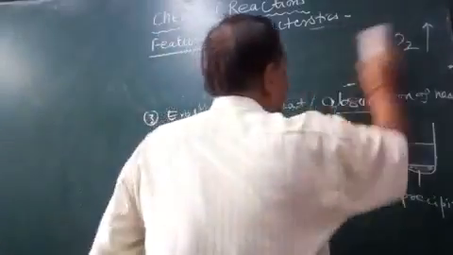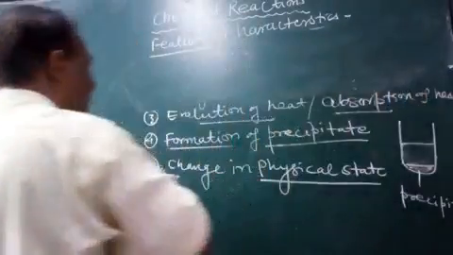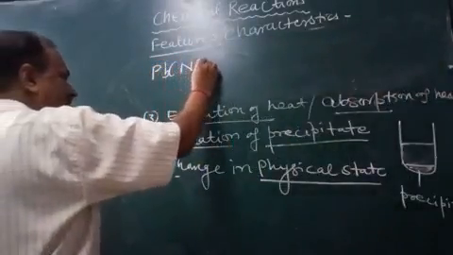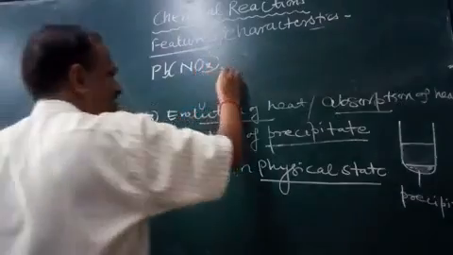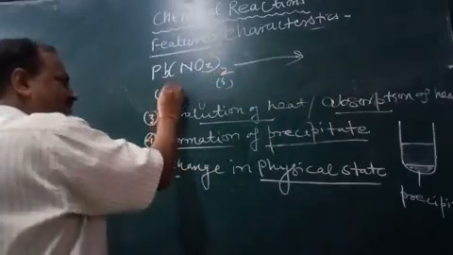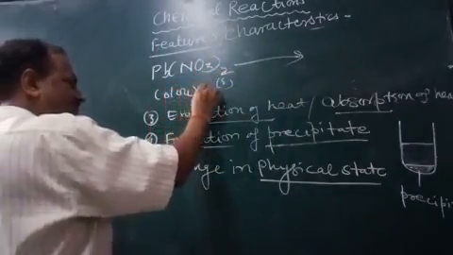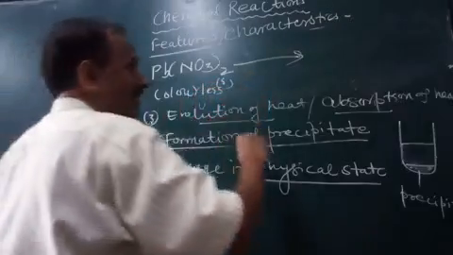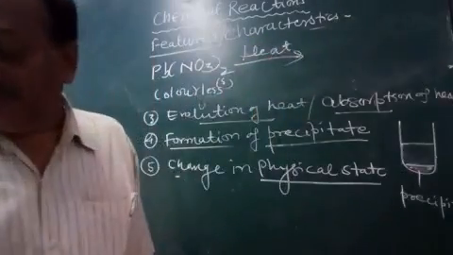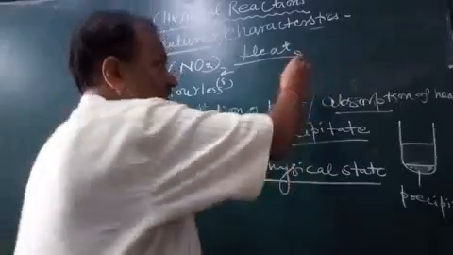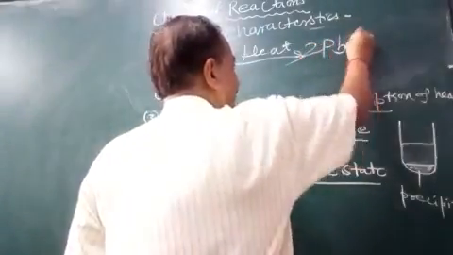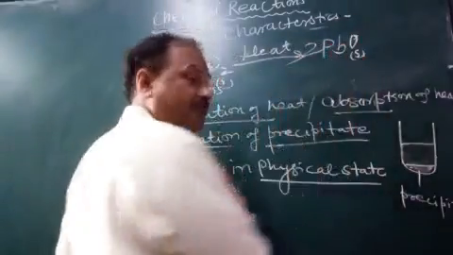Now other example, lead nitrate, Pb(NO3)2. It was colorless, just salt like, and on heating it decomposes to form lead oxide solid. And what was the color?